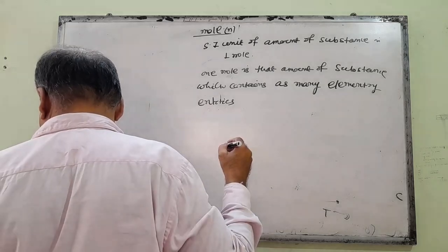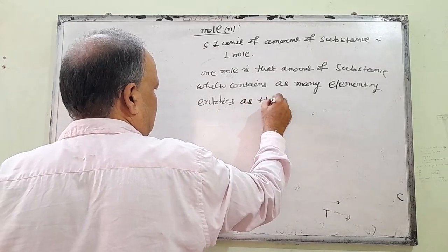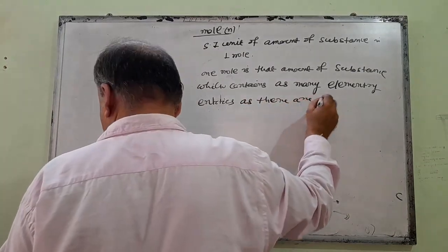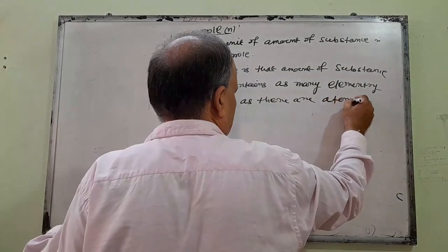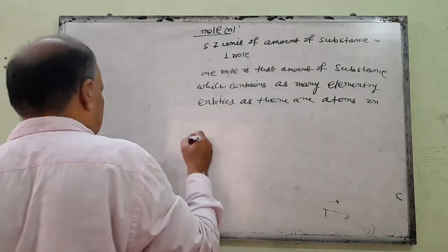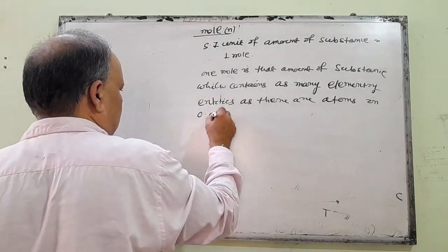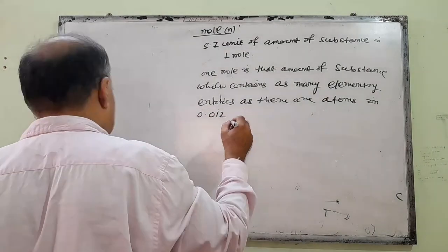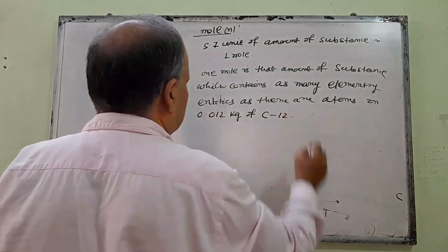as there are atoms in 0.012 kg of carbon 12.